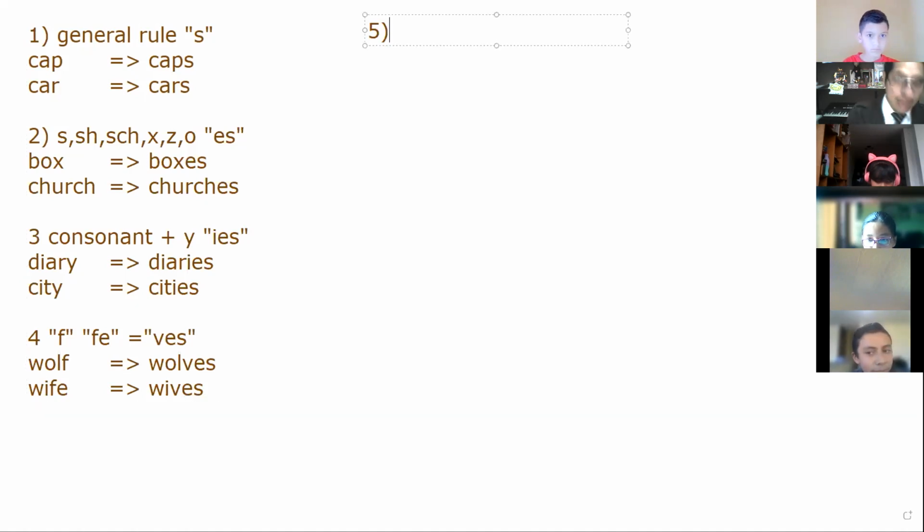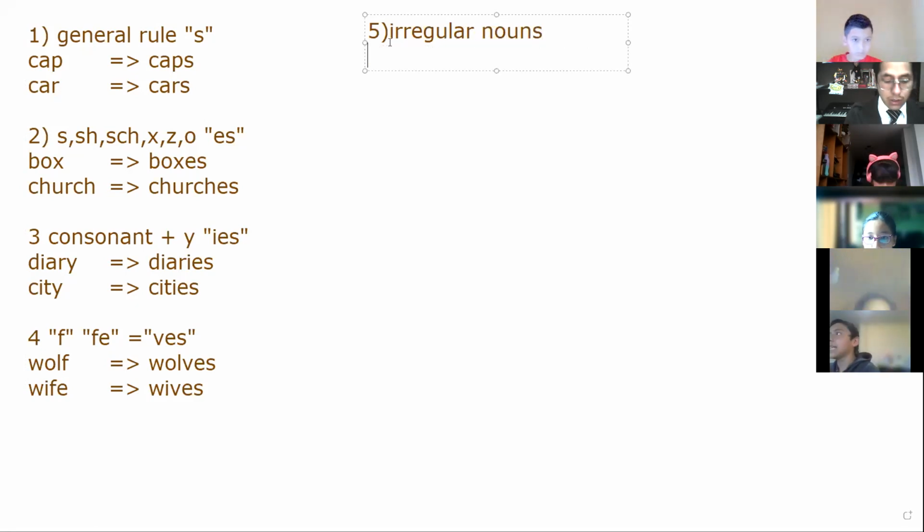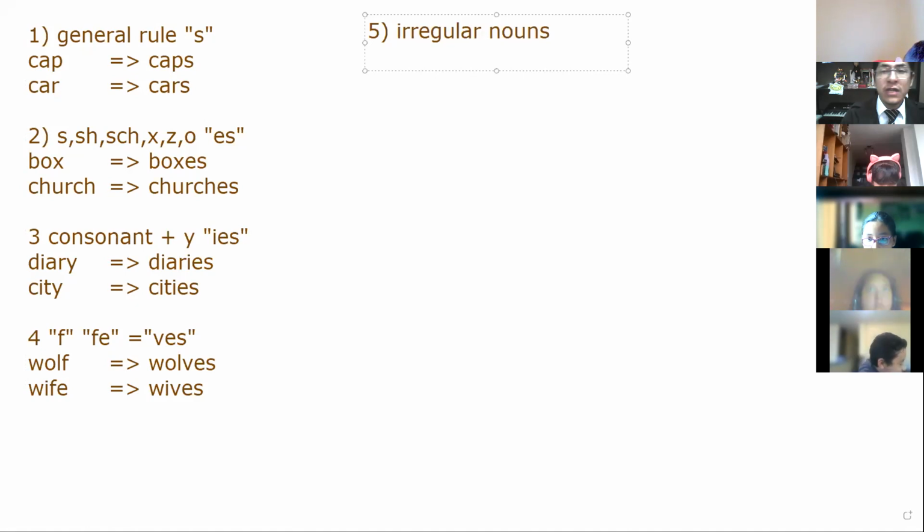Yes. I told you that we have in this case irregular nouns. What is the particularity of these irregular nouns? That with these irregular nouns, you don't have to add any S, ES, or IS, or VS at the end, because the noun changed totally.